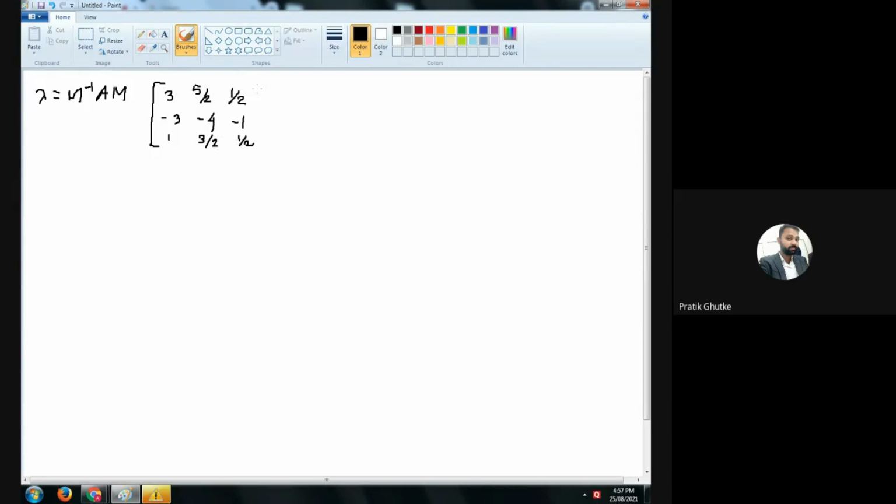This is the M inverse matrix. The A matrix is already given in the question. What is my A matrix? It is in phase variable form: 0, 1, 0, 0, 0, 1, minus 6, minus 11, minus 6. This is my A matrix, and again I have to write here the modal matrix, that is the M matrix, which I have calculated. It is 1, 1, 1, minus 1, minus 2, minus 3, 1, 4, 9. This is your modal matrix M.